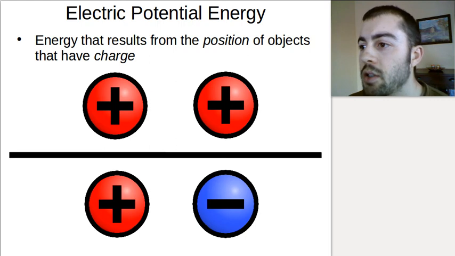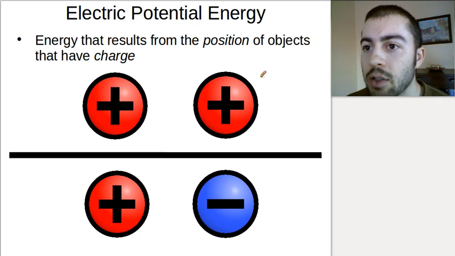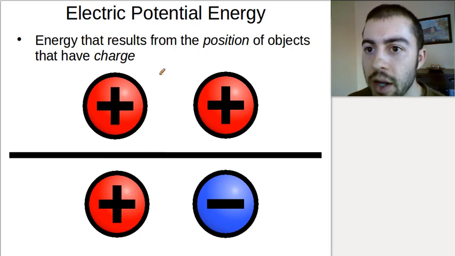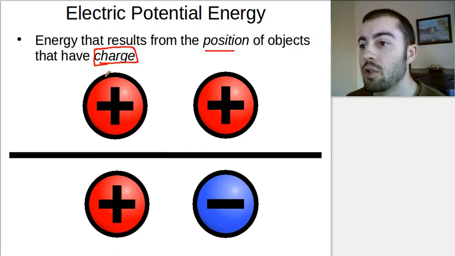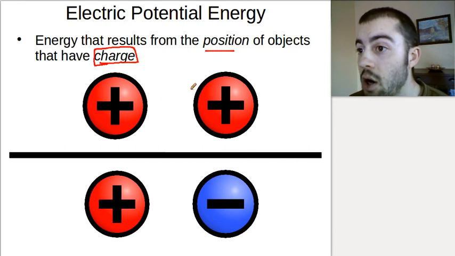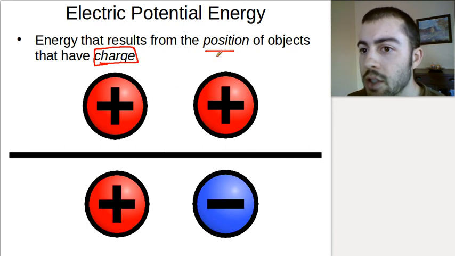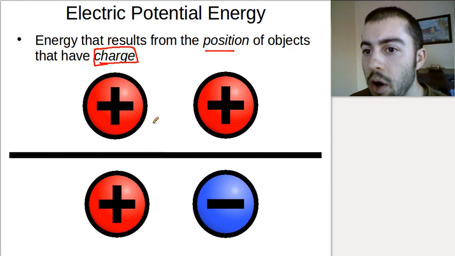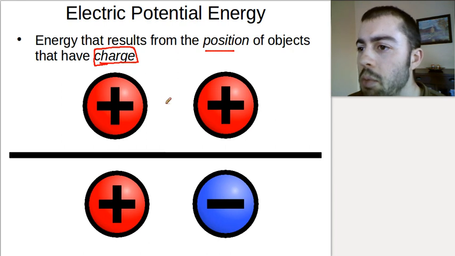Alright, the last type of potential energy we're going to talk about is electric potential energy. So this is energy that results from the position of objects that have charge. So again, the different types of charges that we could have would be positive charge, negative charge, or neutral charge. So if an object has charge, if we look at the top part here and we have two positive charges and we put them near each other, what's going to happen with these positive charges?